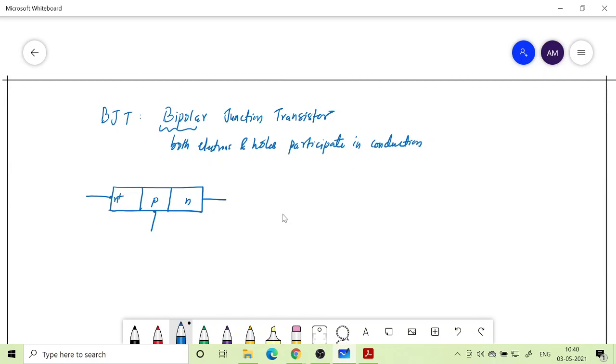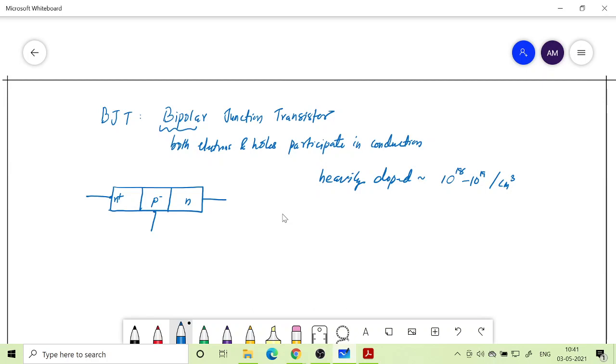The emitter region is going to be very heavily doped, the P is very lightly doped, and the N is moderately doped. Heavily doped means the doping concentration is something like 10 raised to 18, 10 raised to 19 impurity atoms per centimeter cube.